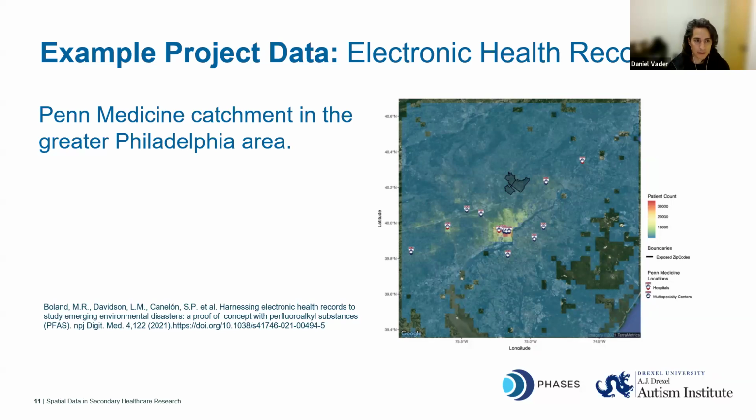It uses electronic health records from Penn Medicine to figure out how this environmental exposure might be related to negative health outcomes. What's interesting about this map, just from the electronic health records perspective, is that we see a particular geography around where people are coming from to be put into the data set to begin with. So even before we bring in other data, geocoding these addresses can help us understand our patient population.